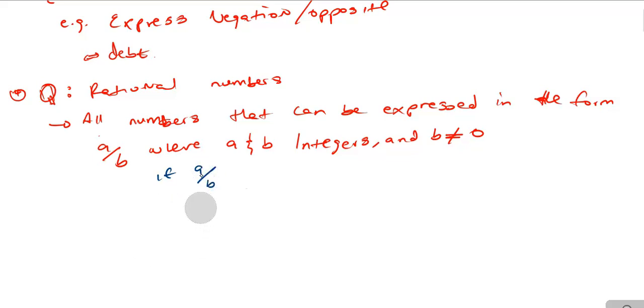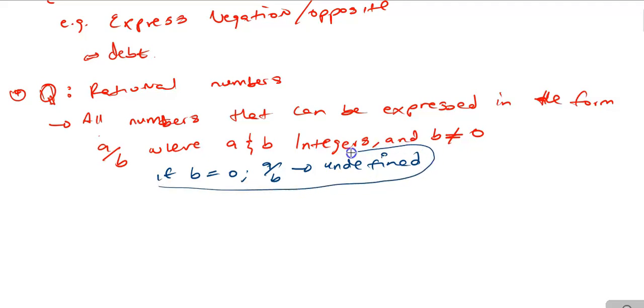If b is equal to 0, okay, a over b becomes undefined, and that is not a rational number. Okay, so that's just a test that I'm putting. It's not the definition. The definition is that b must not be equal to 0. That is because if b were 0, then a over b becomes undefined. Okay, and we don't want that because we're dealing with real numbers as well.